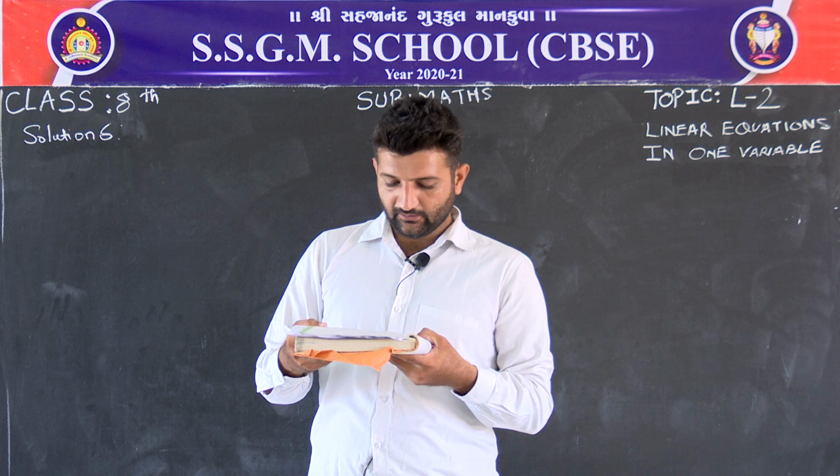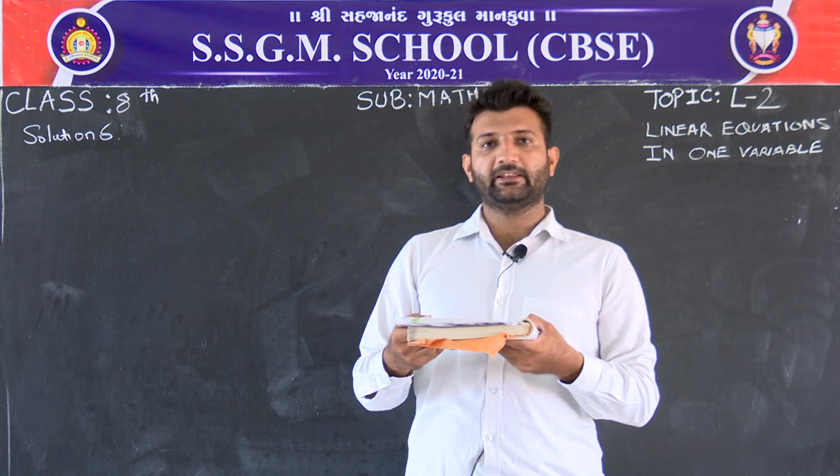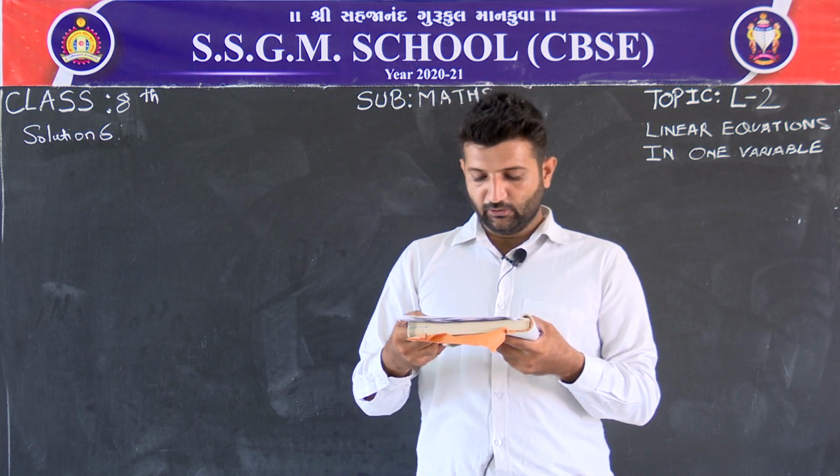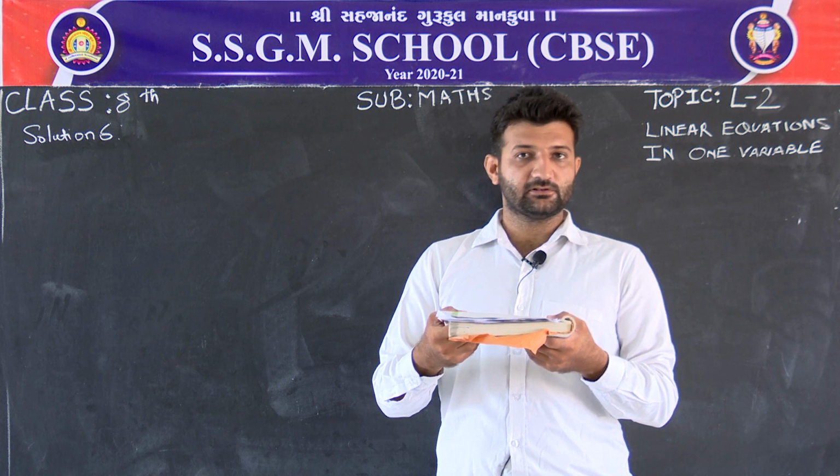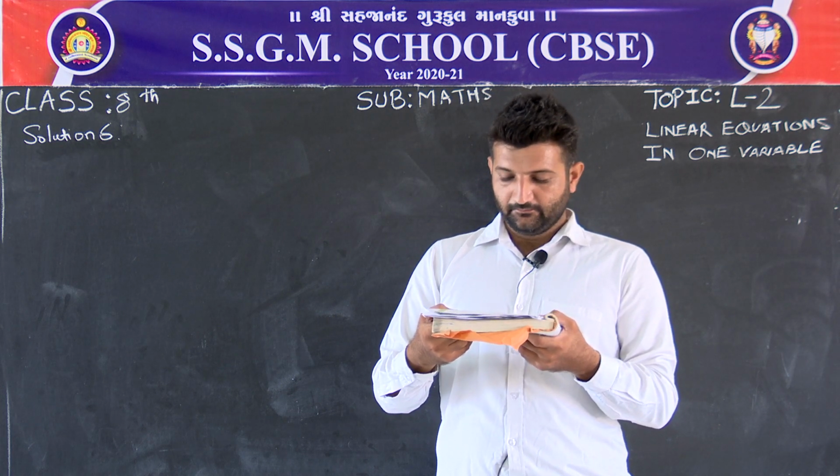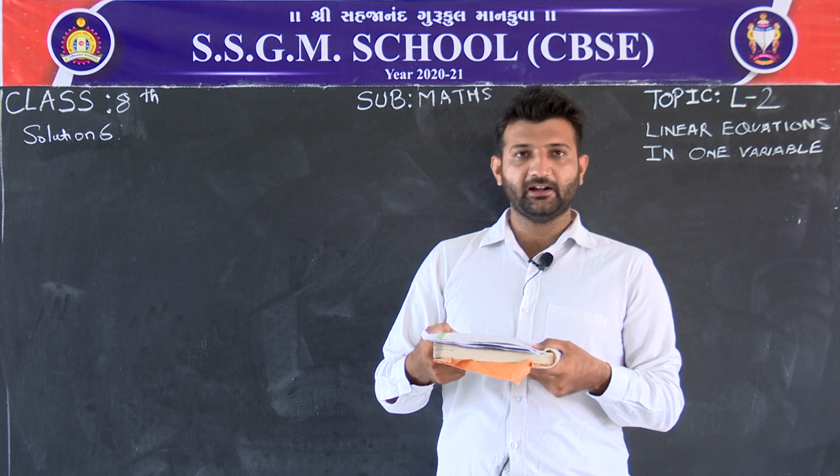In this question, we have already been given the ratio between the length and breadth. Also, the rate per meter is given for fencing. We have to find the dimensions of the plot.